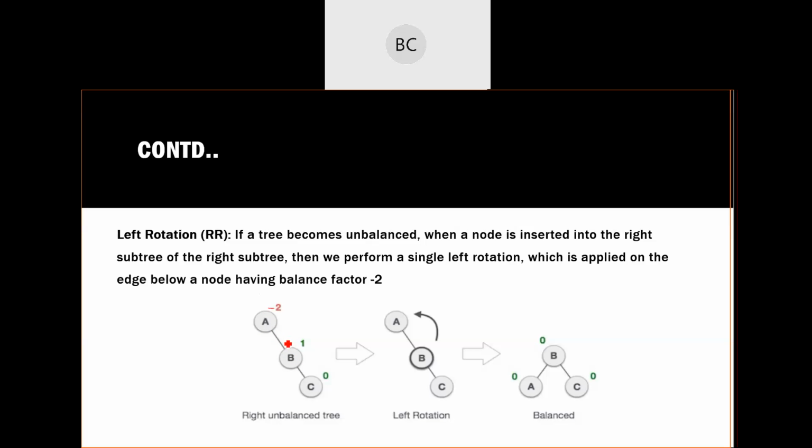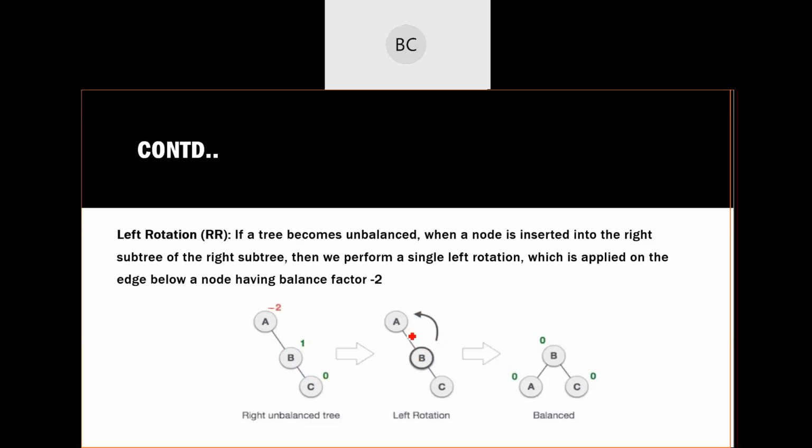So whenever we see an imbalance, we will perform a rotation. In this case, this node is inserted in the right of the right again. Okay, it's inserted in the right subtree of the right subtree, RR both. So what we will do, we will simply perform a left rotation.